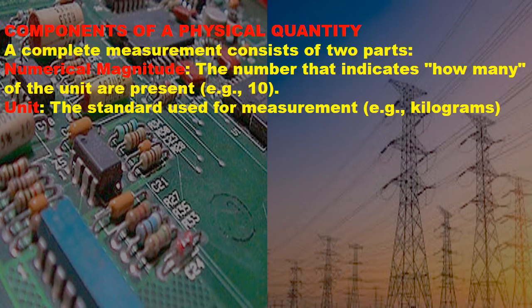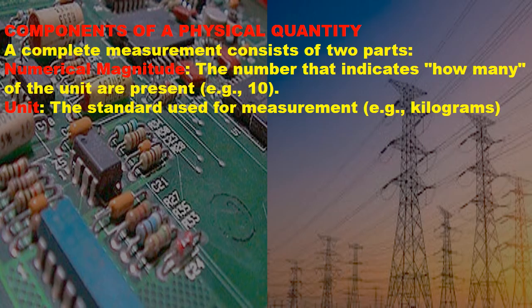Components of a physical quantity. Physical quantities have two components. A complete measurement consists of two parts. We have the numerical magnitude, the number that indicates how many of the unit are present, for example 10, and the unit, the standard used for measurement. So kilogram is the unit, and the size of the quantity is given in terms of a number.